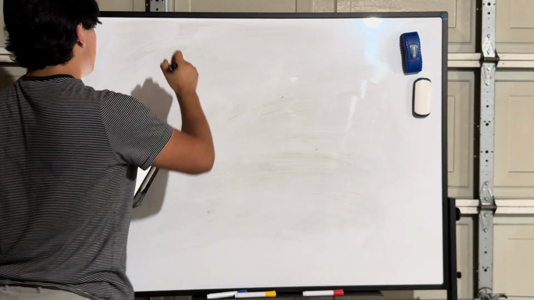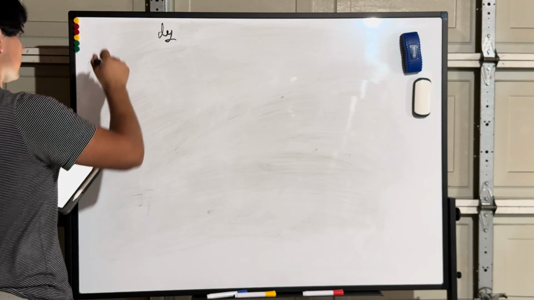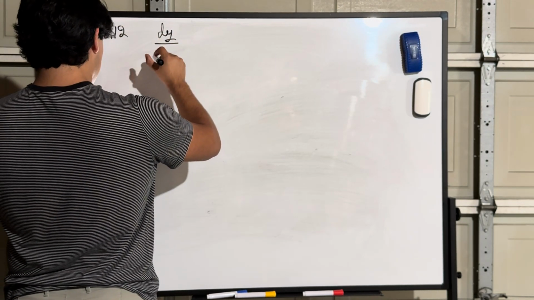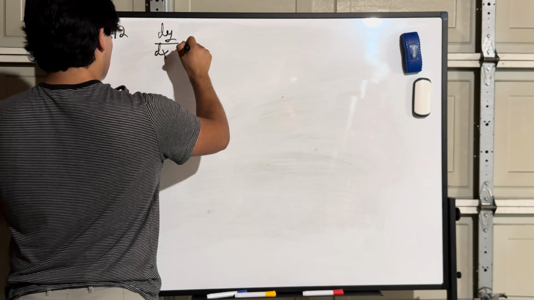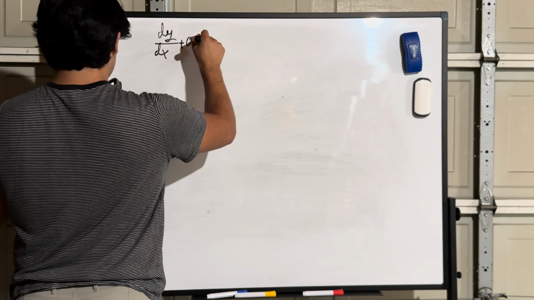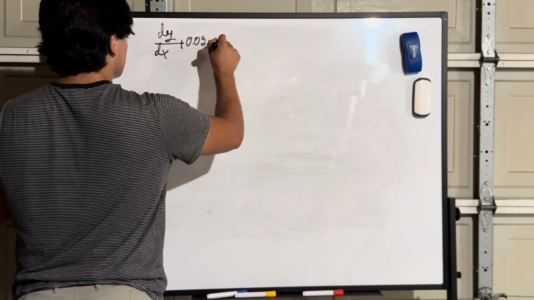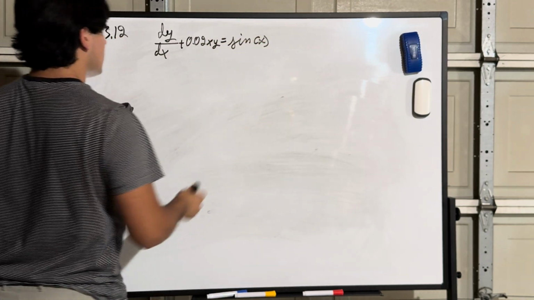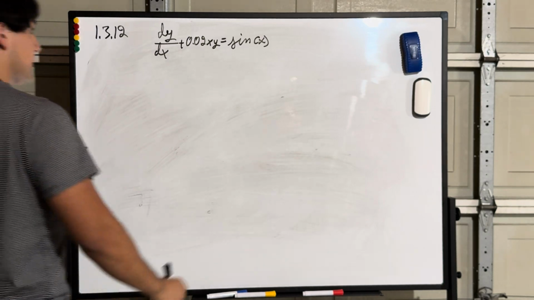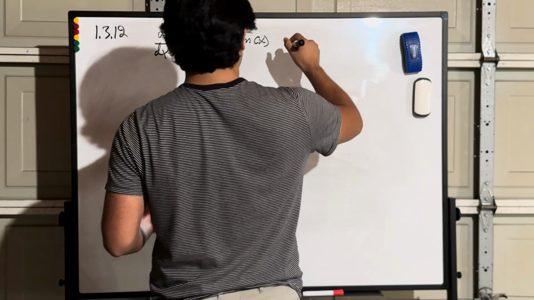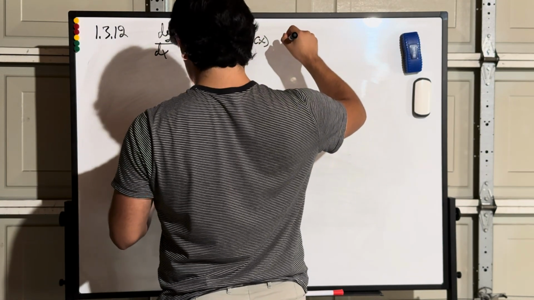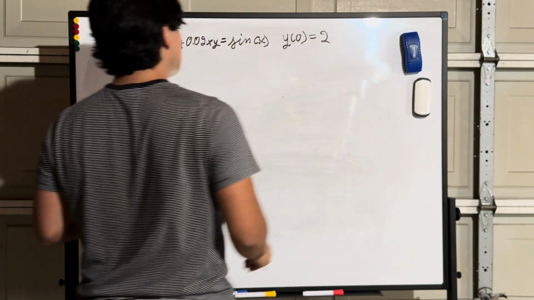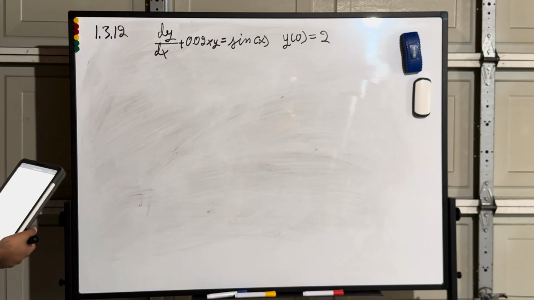Ooh, okay, this one's nice. This is 1.3.1.2. dy over dx plus 0.02 xy equals sine of x. So this one also has some fancy arithmetic in the calculus part of it.